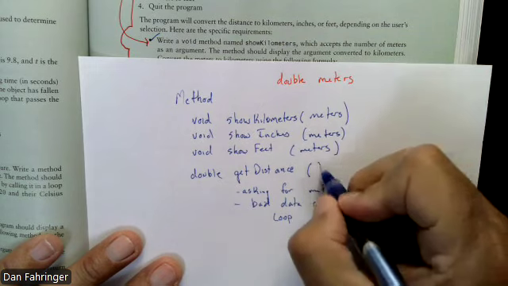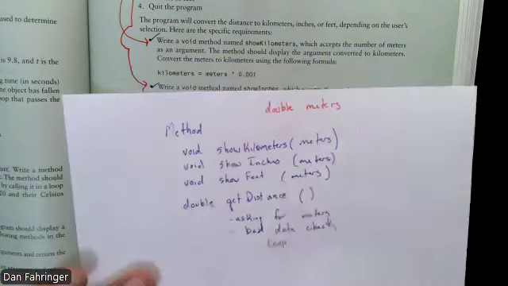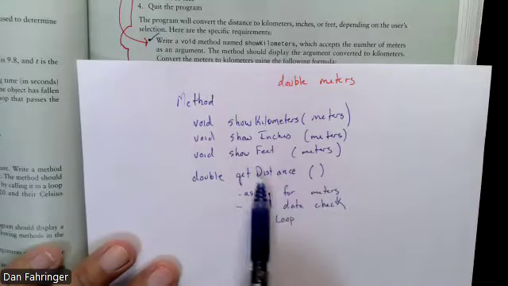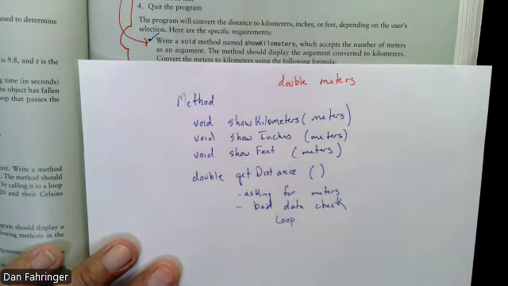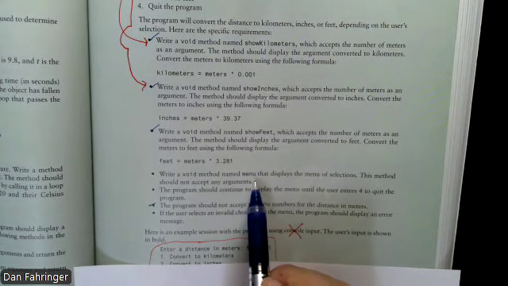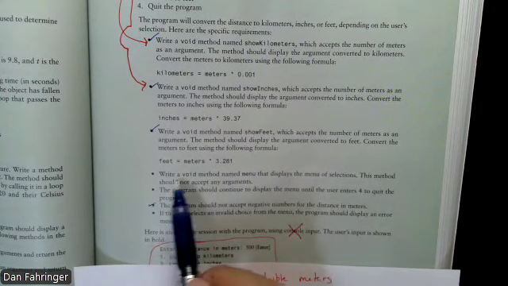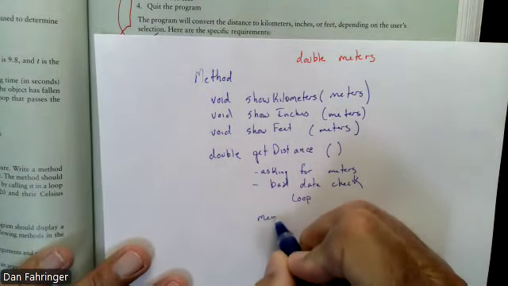I'm just making lots of notes right now, taking this giant problem and breaking it down. I'm going to get the input. It's going to ask for meters. Do I need another method? I need one for menu, don't I? I'm going to have a menu method.